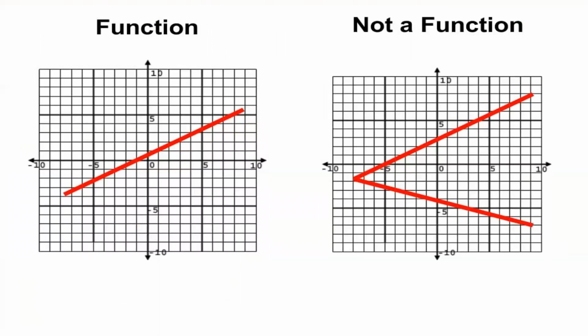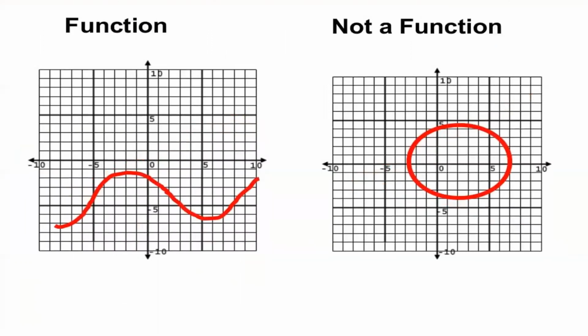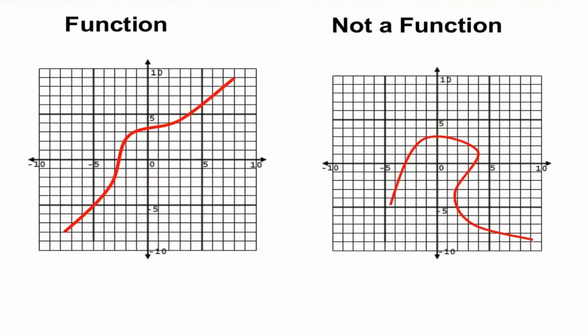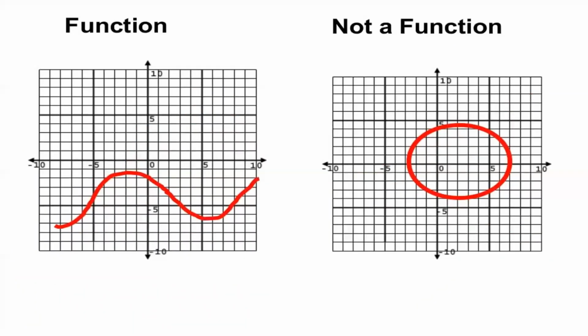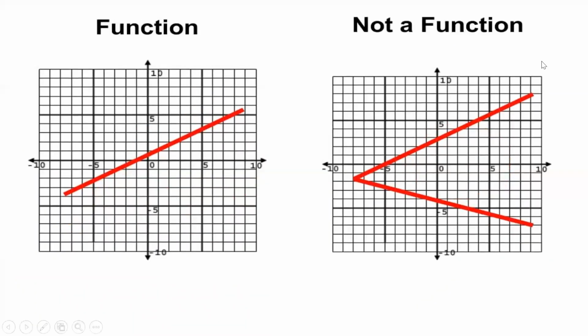So another example, we have the vertical line test. Try this one. So you have function and then relation. Another one, try again. You have function and relation. Function and relation. Okay, let's try this one. Let's annotate.